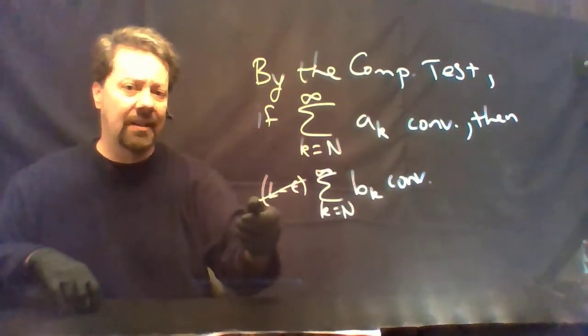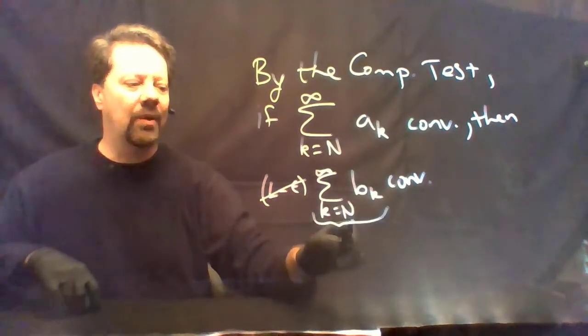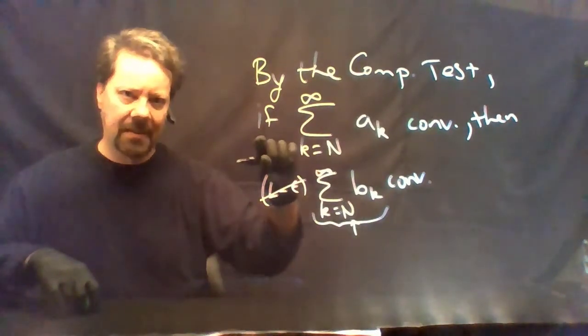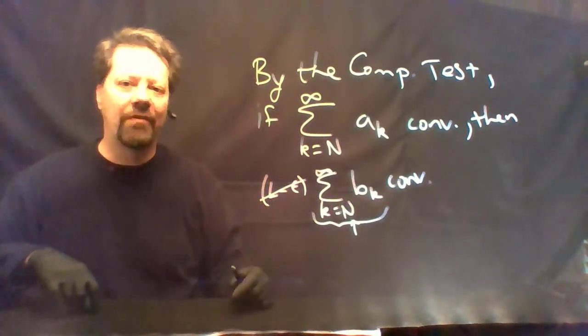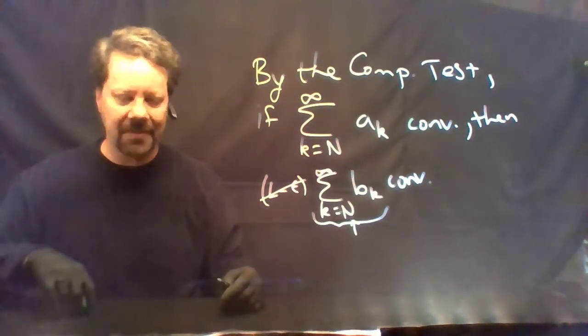The L minus epsilon won't affect convergence, that's just some constant. The fact that we're adding these only from some n in the tail won't affect anything either, because the first finite number of terms doesn't affect convergence.